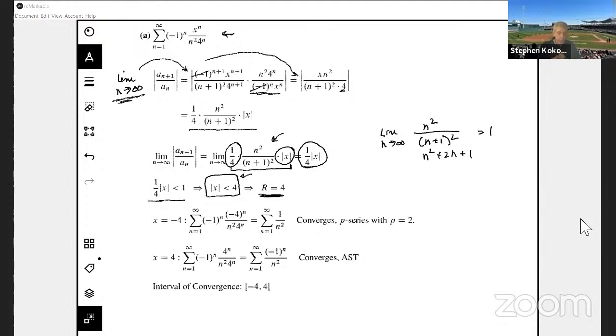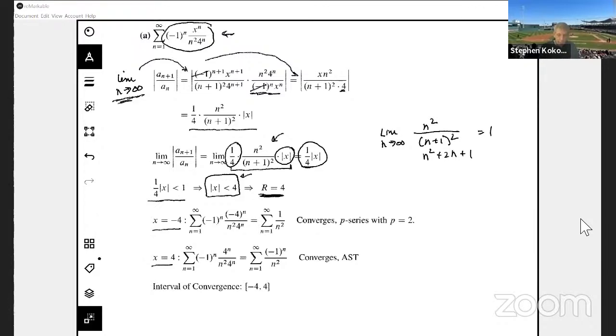So I know the radius of convergence is 4, and in order to find the interval of convergence, I must check the 2 endpoints. I see that this series is centered at x equals 0. So that means I need to check at x equal -4 and x equal +4. So what I do is I take x equal -4 and I go back to the original series up here and plug that in.